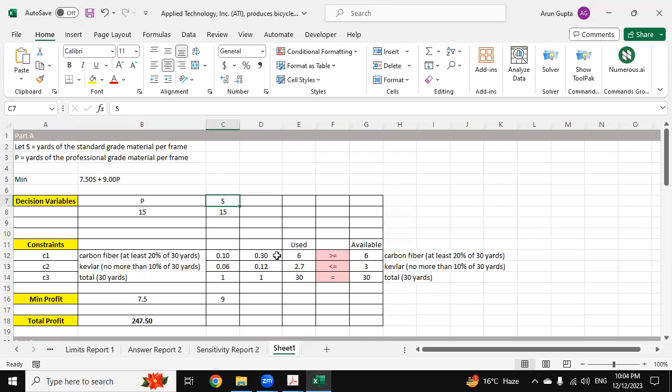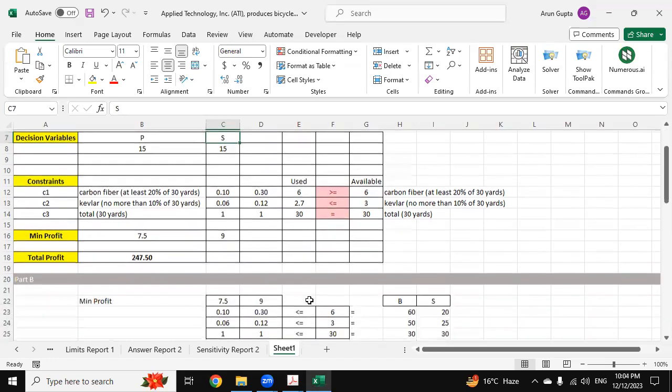And then this one is the carbon fiber. Then second one is the Kevlar, no more than 10% of the 30 yards. And then third one is total 30 yards. So these are the comparison operators we have used.